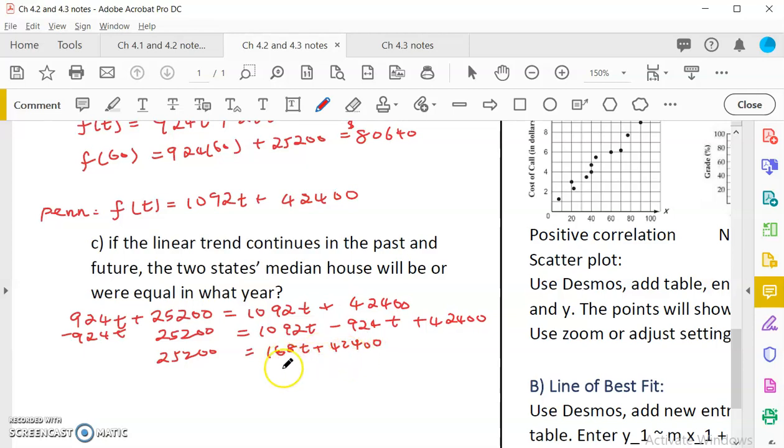I subtract 42,400 on both sides, so I would have minus 42,400. Just solve a linear equation. So 168 is a little complicated because you're dealing with big numbers, but it's the same thing. Negative 17,200.